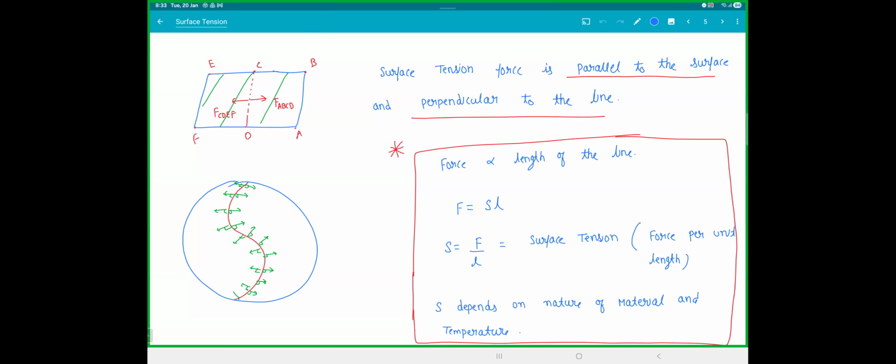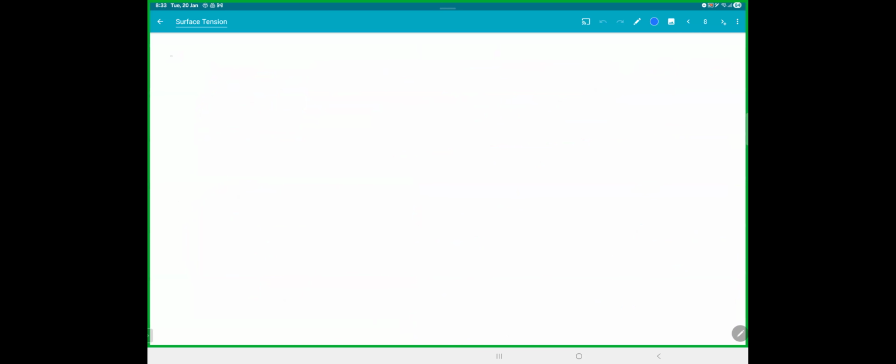So in the last class, we discussed in detail why this surface tension is coming and everything. So let's see a question. So we have a V-shaped rod, angle theta. You kept a rod here. Light rod or massless rod.